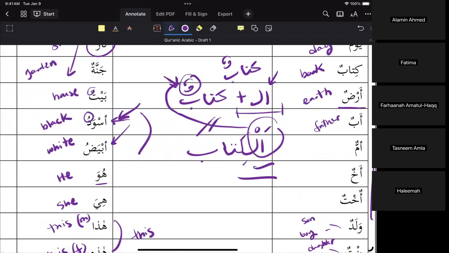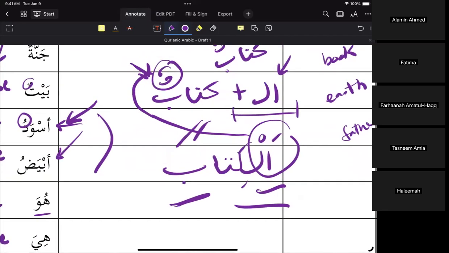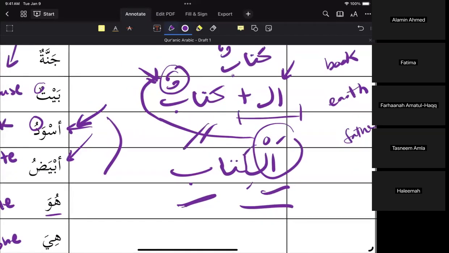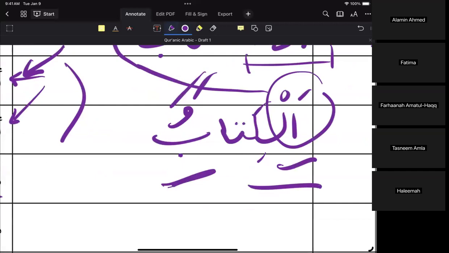So what do I do? Do I not put anything on the ba? No, you put the ba, but you just remove the tanween. When I say remove the tanween, I mean just remove one of these harakat. I had two, right? Kitabun. So I just remove one of them, and we have al-kitabu. Remember, guys, you cannot change the haraka. You're just removing the tanween. So you cannot say al-kitaba or al-kitabi.